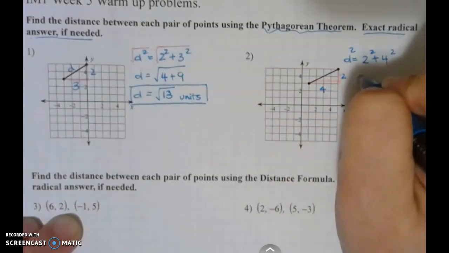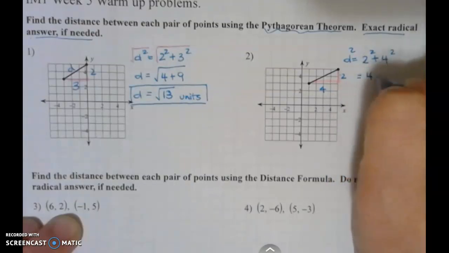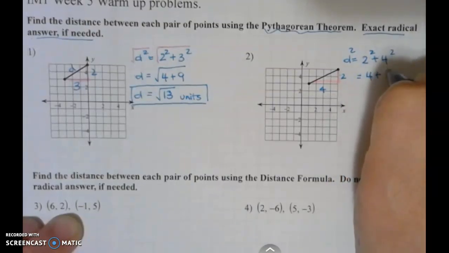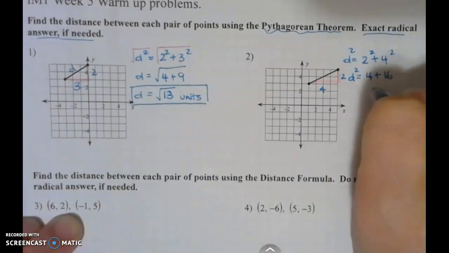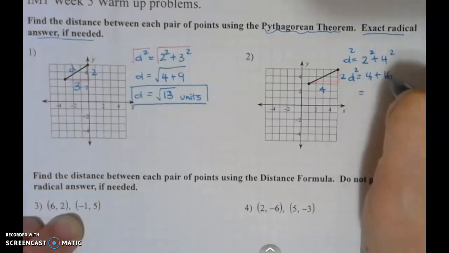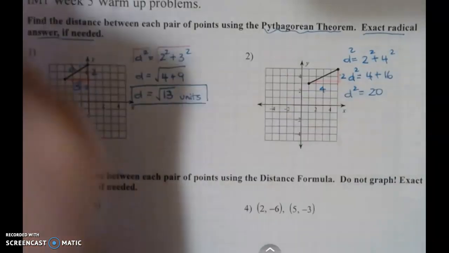So 2 squared is 4, plus 4 squared is 4 times 4, which is 16. So distance squared is 4 plus 16, which is 20.